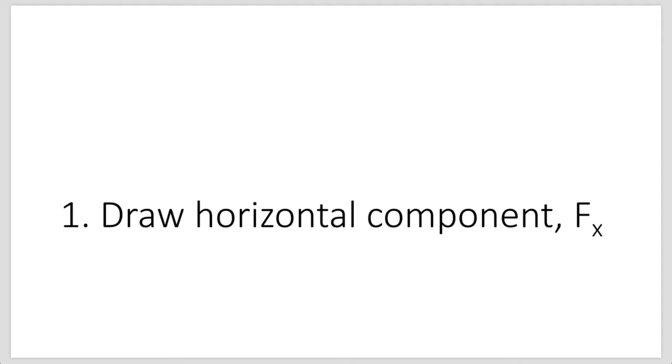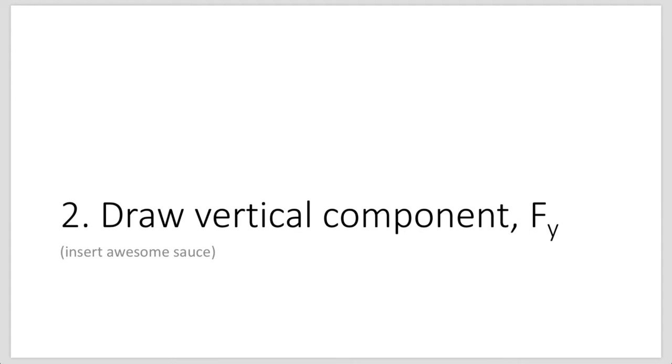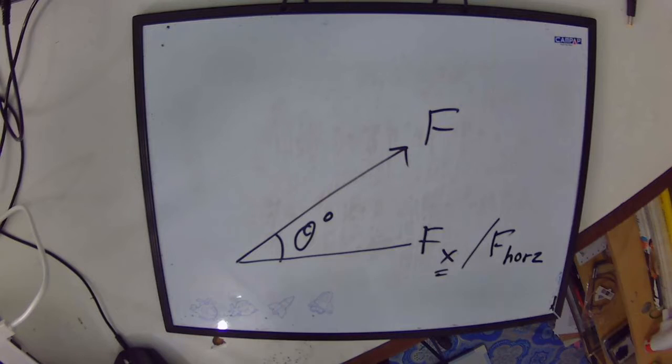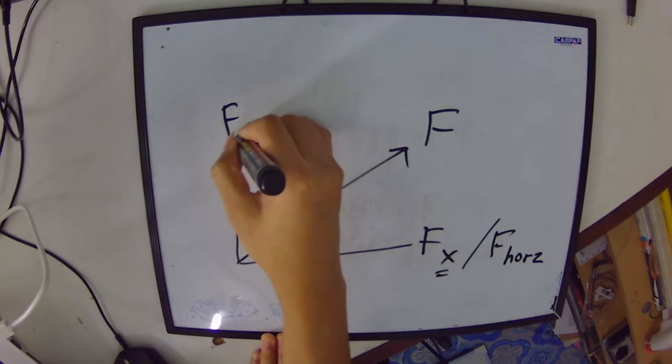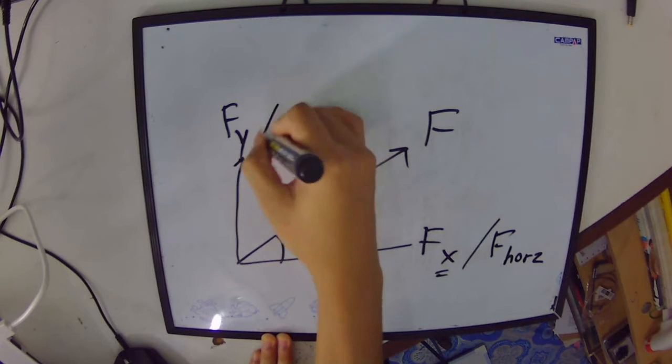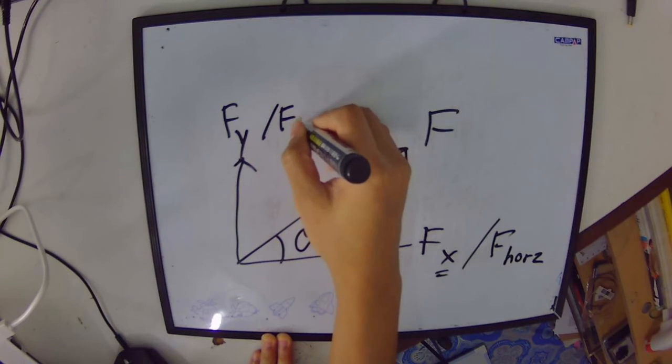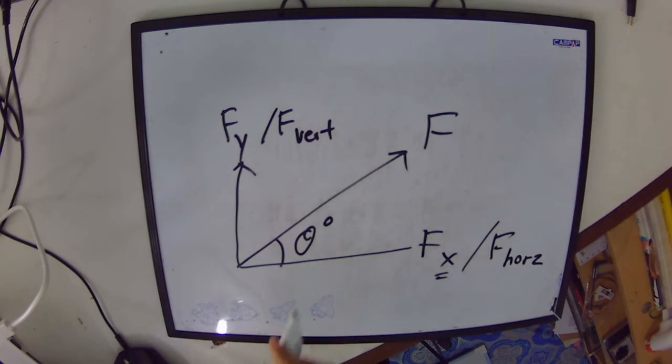So you draw the horizontal component, then you draw the vertical component. So the vertical component is Fy, or we can also say F vert for vertical.